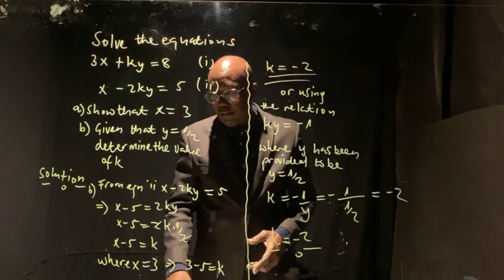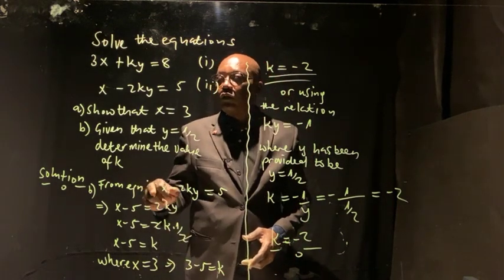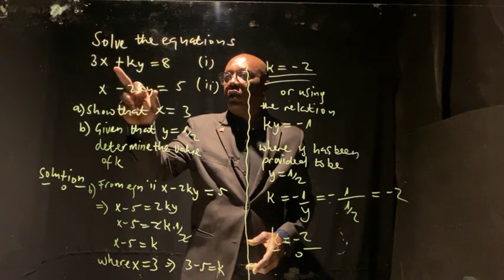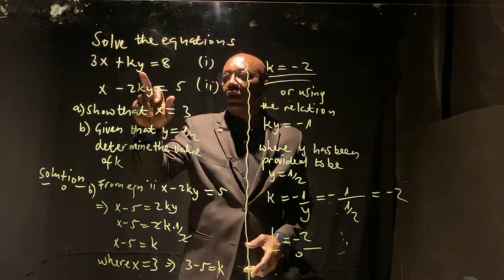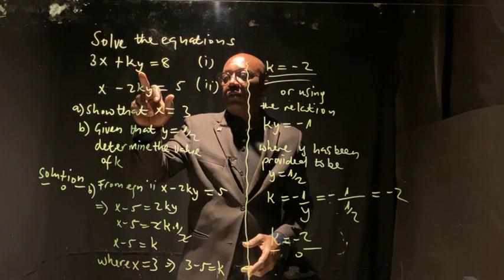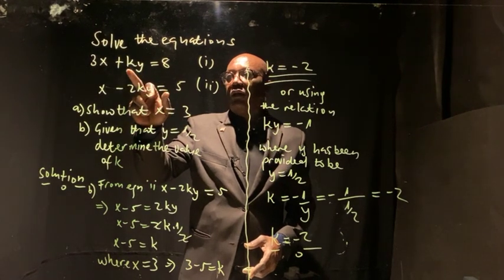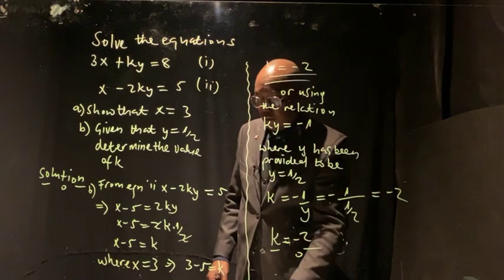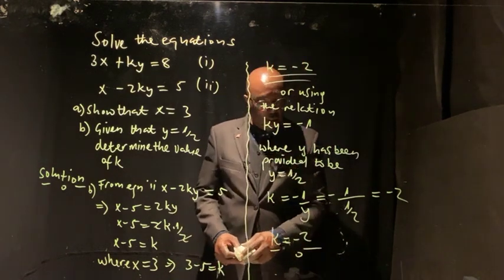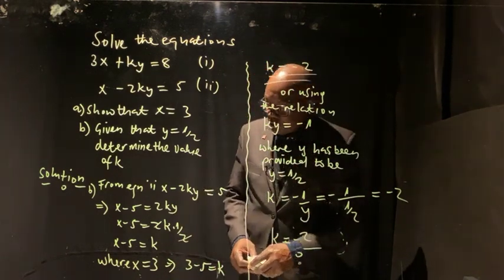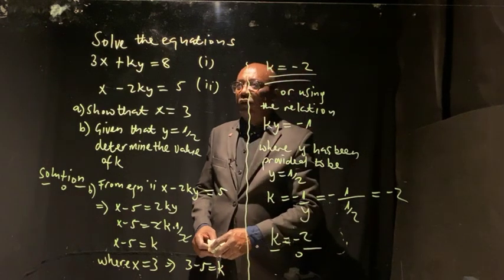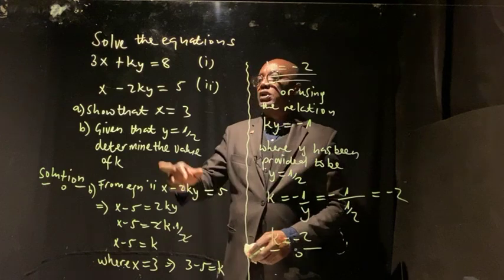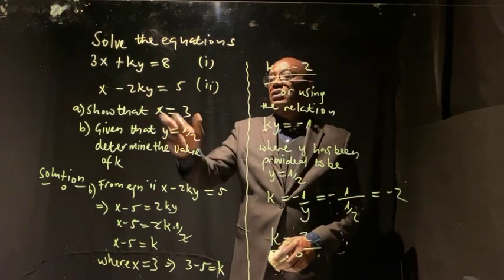We could have used the same equation to find k is equal to minus 2. To do that, we will have to put x equals 3 in this equation, and then put y equals half in this equation. By doing that, you can find the value of k to be also equal to minus 2, which you can try yourself. Now, we have the value of k. So our next attempt is trying to put the k inside this equation.